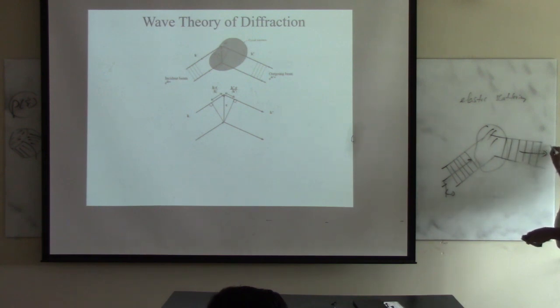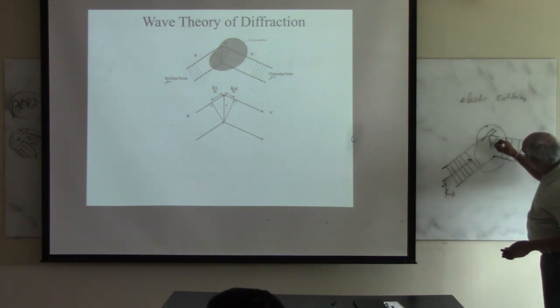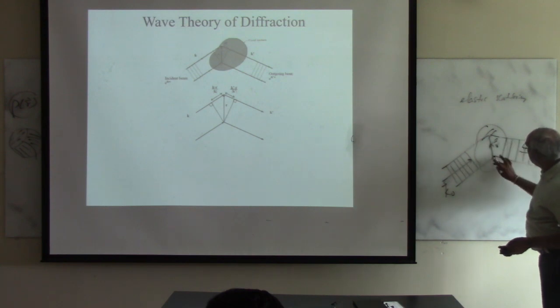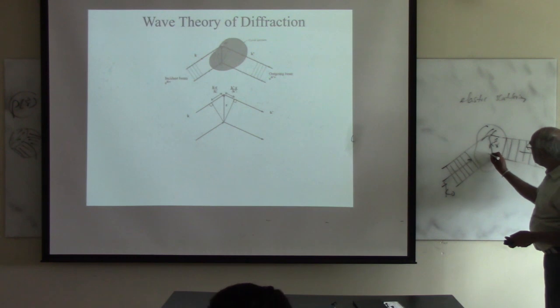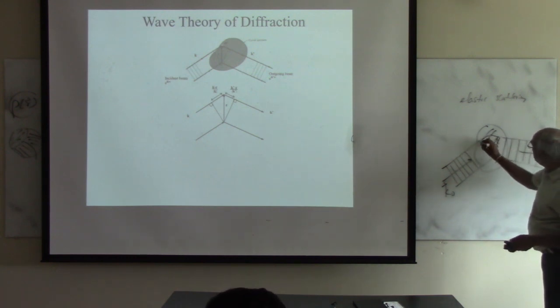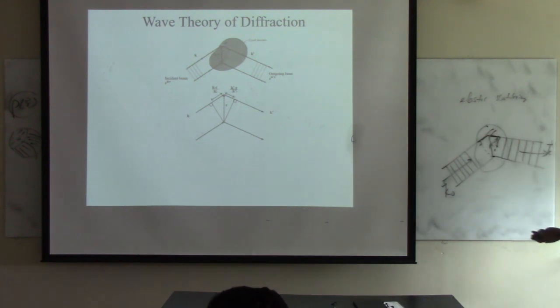Suppose this vector is R, then what is the path difference? Basically if I put 90 degrees here and 90 degrees here, this is my path difference, right? That we already calculated.